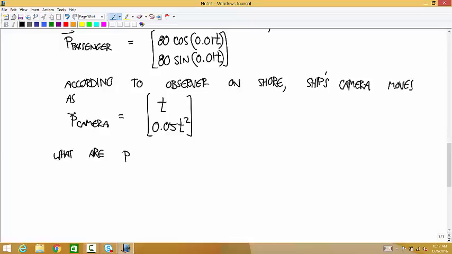So what are the position, velocity, and acceleration functions with the independent variable of time of the runner relative to the shore?